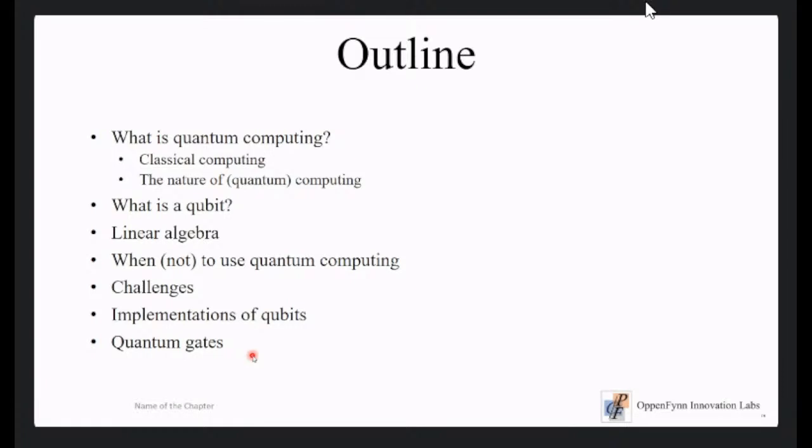For example, the NOT gate in classical computing turns a 0 into a 1 or a 1 into a 0. There is a NOT gate in quantum computing, which turns a qubit 0 into 1 or a 1 into 0. But there are also some gates which are completely different from classical computing, which I will go into in the later slides. So overall, this is the outline that I'm planning.